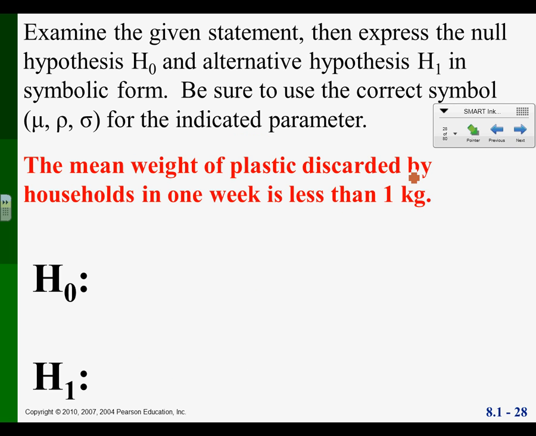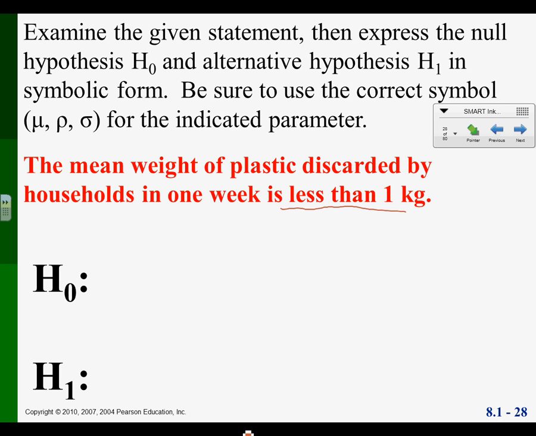The other one has the actual words less than in it. I would say that's probably a good thing. If the original claim is very specific, you can become very specific with the alternative hypothesis. If it's vague, what symbol are you going to choose?